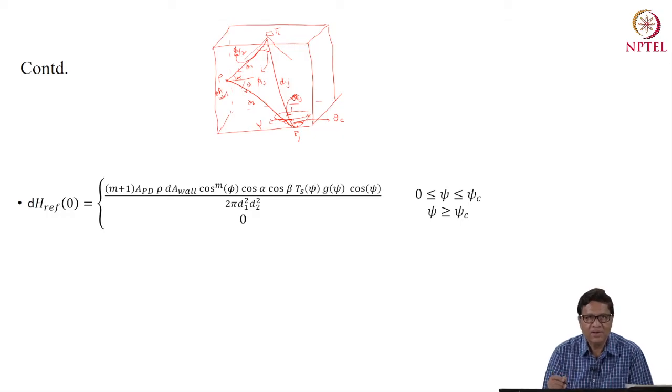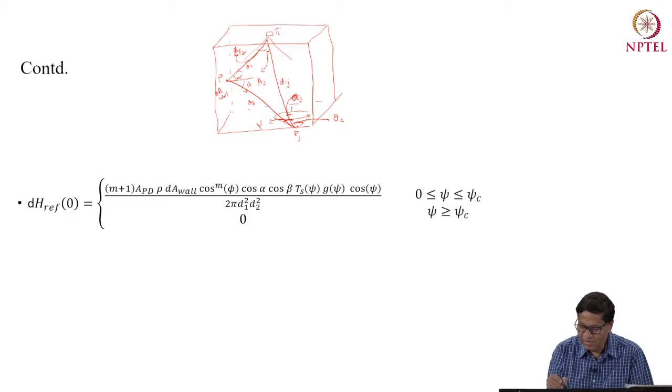So each grid actually represents one small area, a differential area. So this is given by (m+1), where m is the Lambertian parameter, A is the area of the diode, and rho is the reflection coefficient of the wall. And then dA wall is the particular area on the wall. And then cos^m phi comes from the radiation pattern of the source.